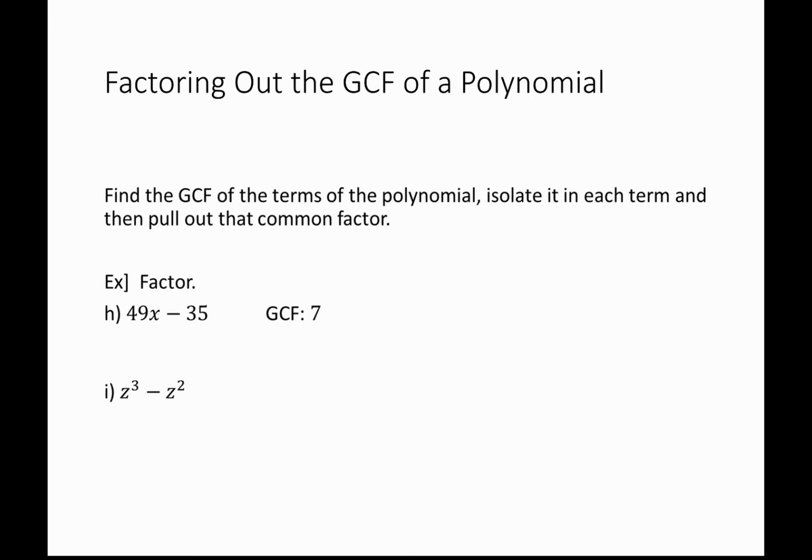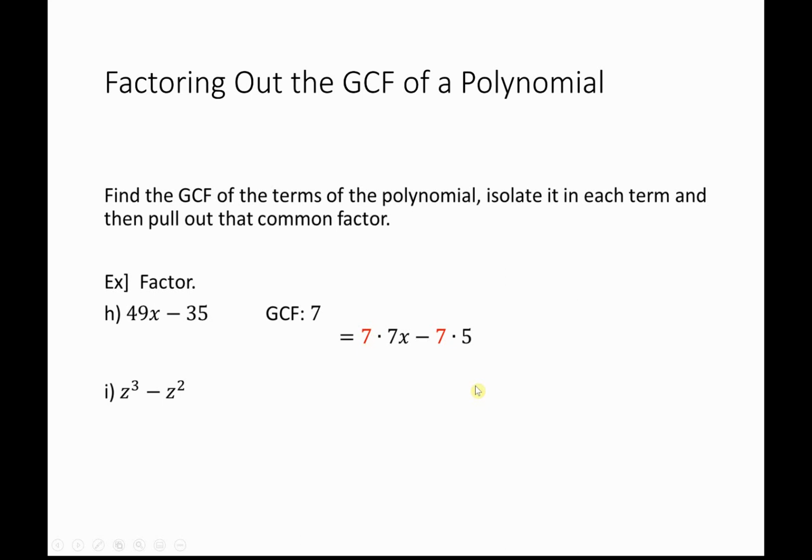Okay, we've correctly determined, perhaps through some processes, maybe you pressed pause ahead of time. Sorry, I didn't give you any warning, but the GCF is 7, okay, for the terms 49x and the subtracted off 35. And so you can rewrite this binomial with the GCF factor isolated.